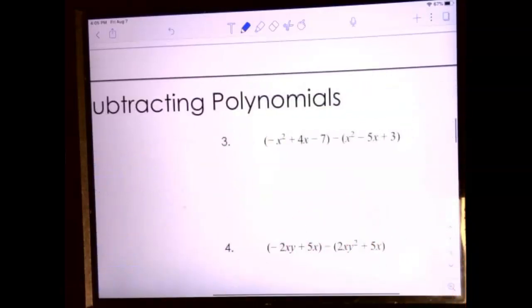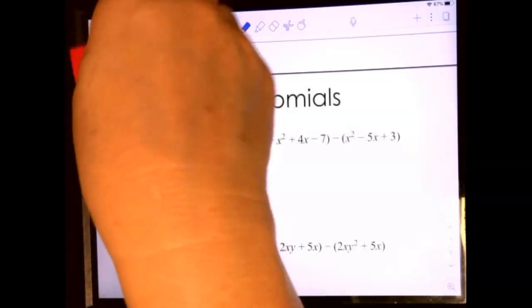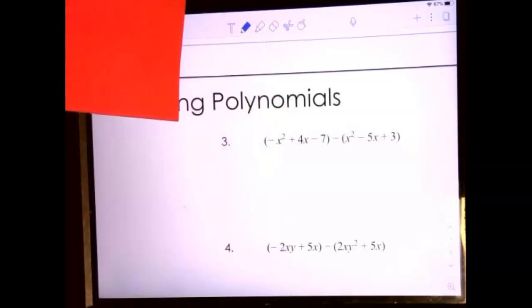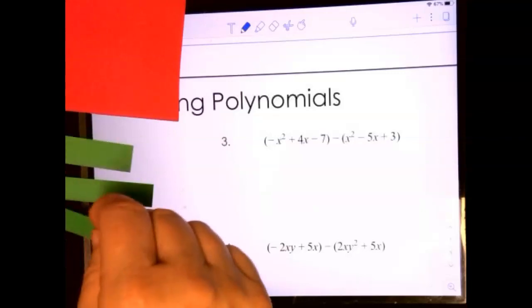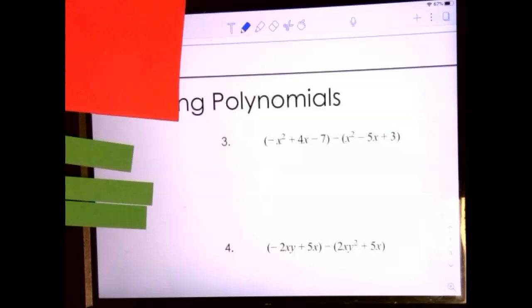Okay. So let's model this one with algebra tiles. Minus x squared. That's one of these. Plus 4x. I'm trying to put them up against the frame of the iPad so that it's easier for me to pick up.